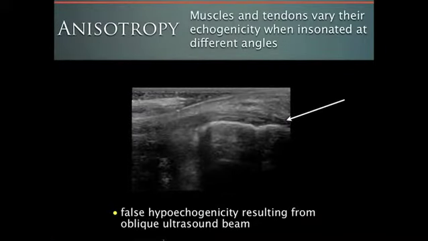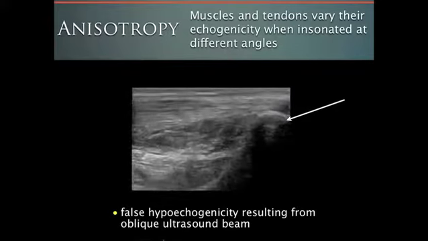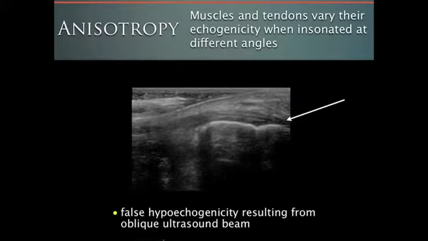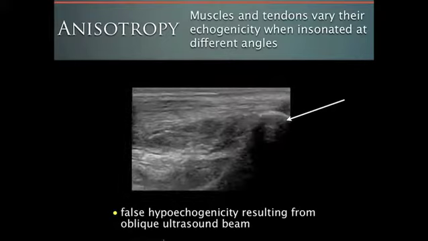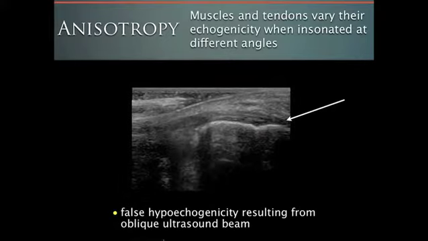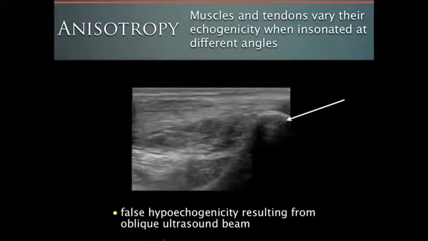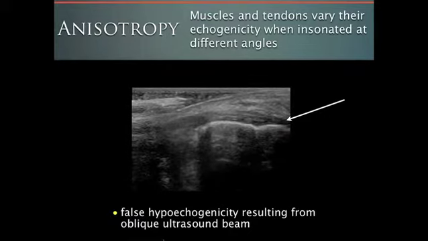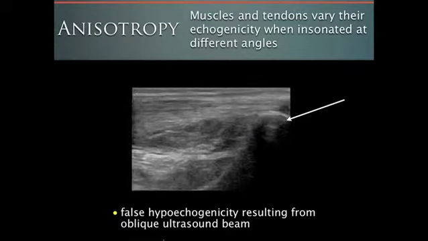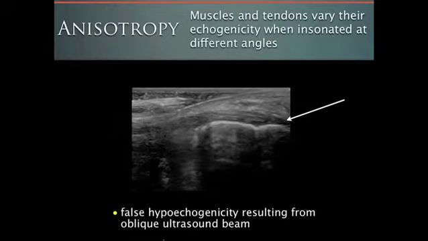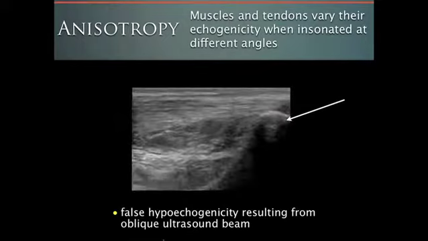Now there's this concept of anisotropy, and what happens when you have muscles and tendons, depending on which angle you insonate them, you can have variations in their echogenicity. And as this video demonstrates, the arrow points to the tendon.